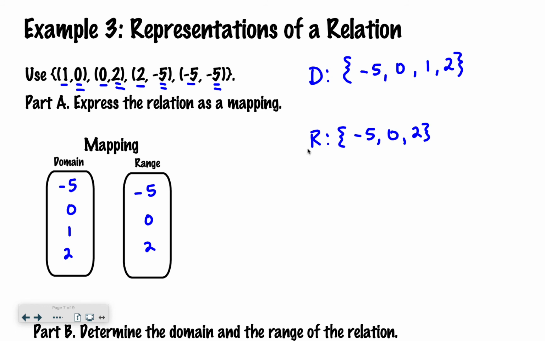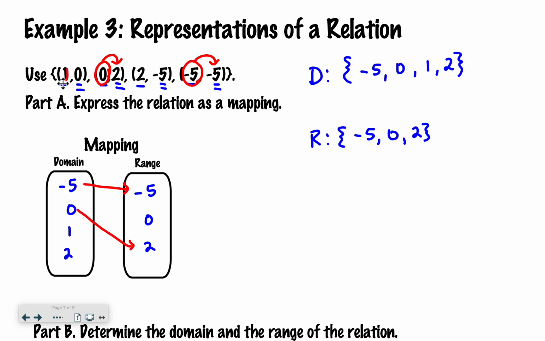Okay? And then what you're going to do is draw an arrow, kind of like representing the connection between the points. So if I start with that -5, I see my x value, -5, is paired with my -5. So I draw an arrow from my domain to my range. Then I see my next domain number is 0, and 0 is paired with a 2. So from 0, I go and point to 2.